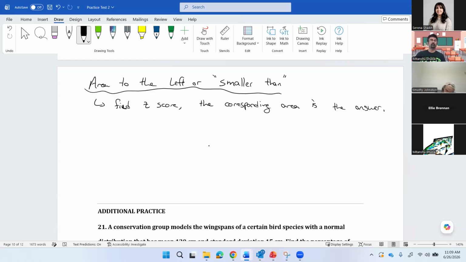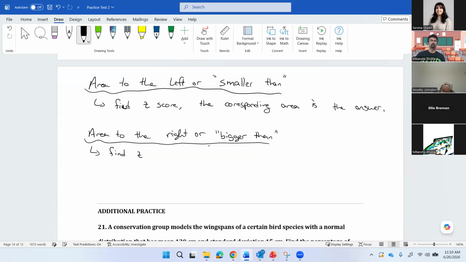If they want area to the right, or they can say bigger than, we have to find the z-score and do 1 minus the corresponding area. And that is the answer.